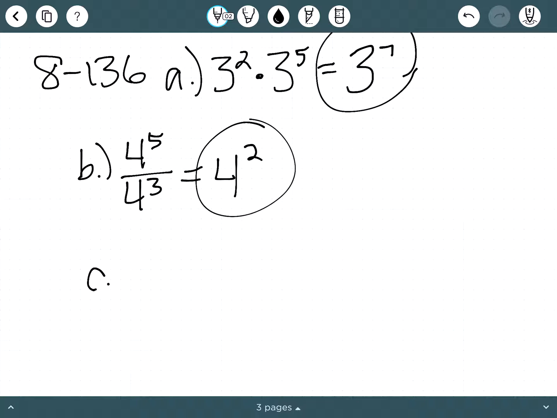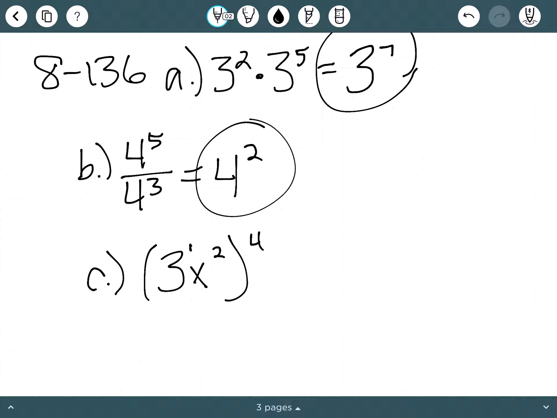C, we have the quantity of 3x squared to the fourth. And if you remember, the 3, even though it does not have an exponent, it is assumed that it is 3 to the first power.